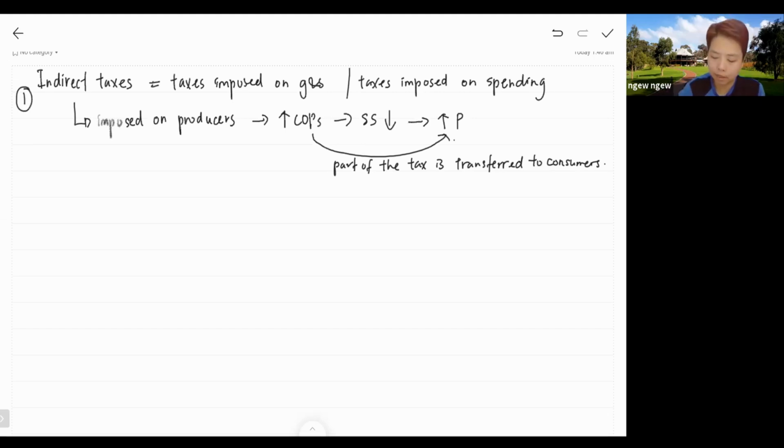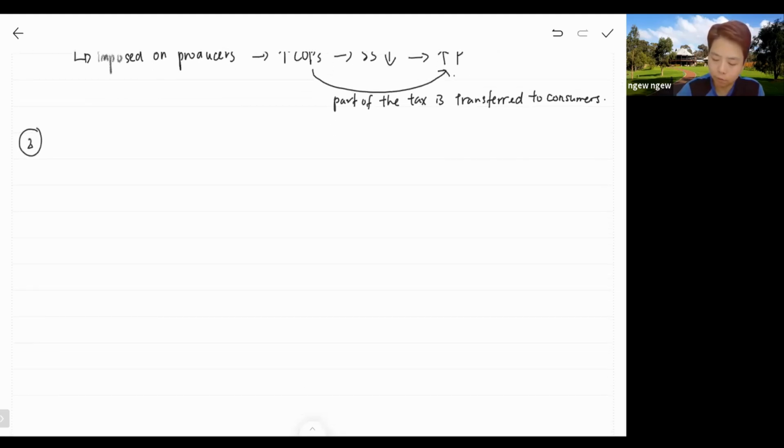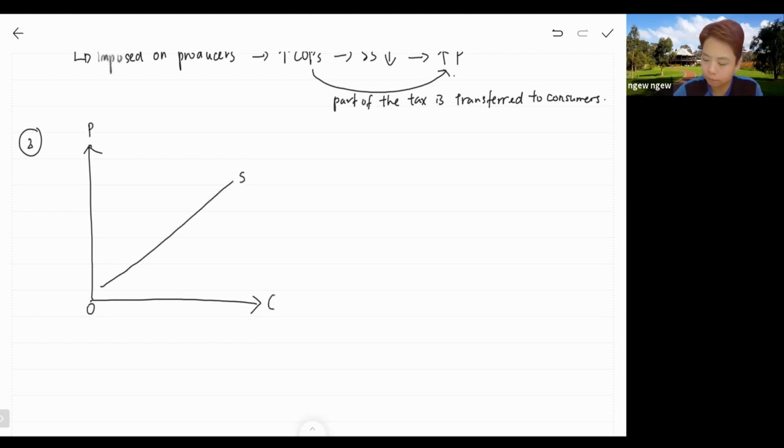Secondly, let's understand how indirect taxes work. We need to look at the supply curve. First of all, let's understand what is meant by the basic supply curve.